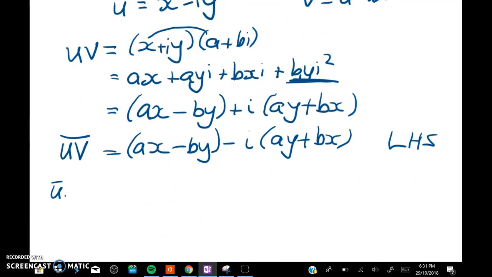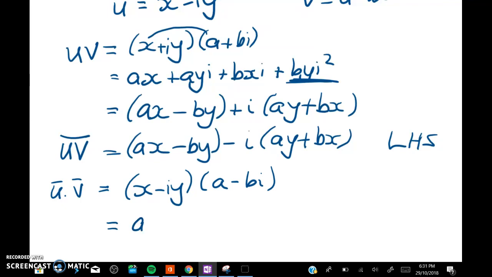So u bar times v bar is equal to x minus iy times a minus bi. So that's ax minus ayi minus bxi, plus by.